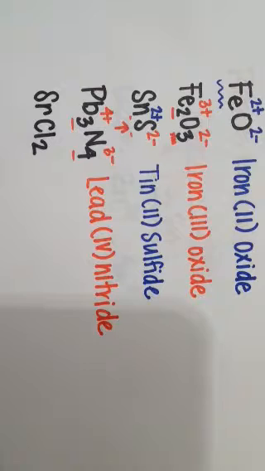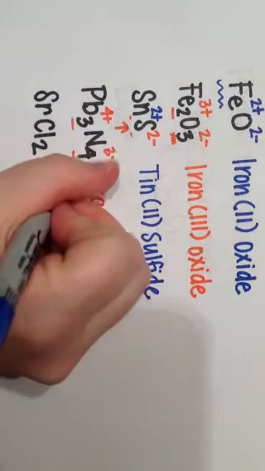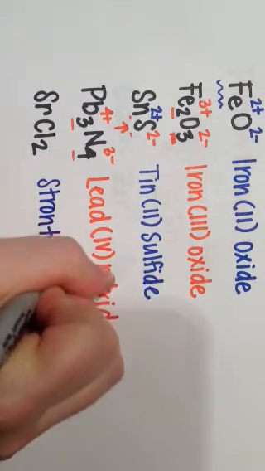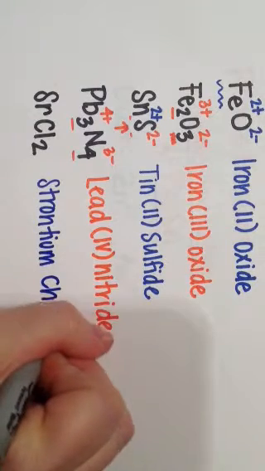An alkaline earth metal always has the same oxidation state, and it's always a +2. So that means it doesn't require Roman numerals, so we just name it as is. So this would be strontium chloride.